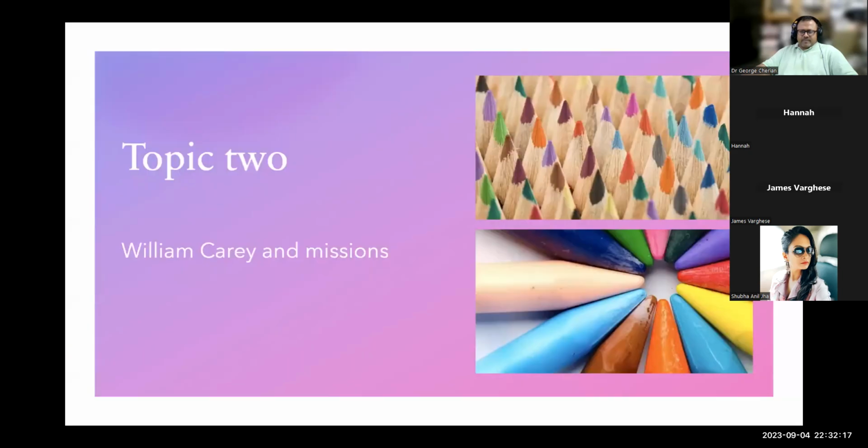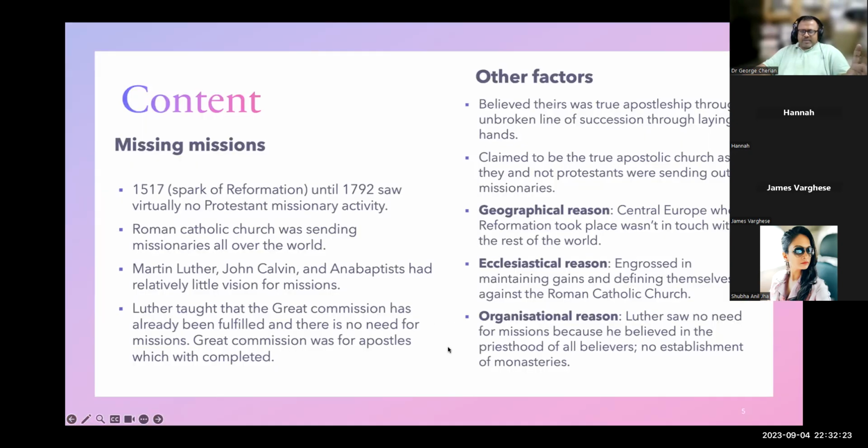Now this is the completion of topic one. Shubha, can you just go one step back? Just to add to this, you need to realize that the Catholic Church was involved in missions, but their missions were part of good works, and those good works were to get their relatives out of purgatory.